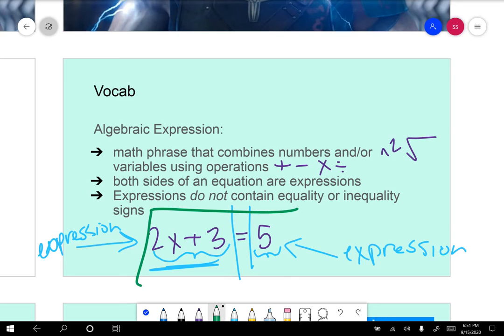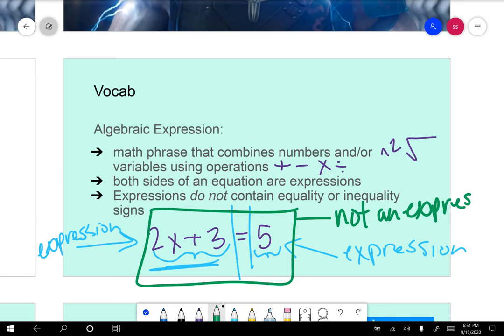But this all together is not an expression as a whole, because it contains an equal sign. So the two sides of the equal sign are expressions, or if we had an inequality sign there, it would be, but not the whole thing together.